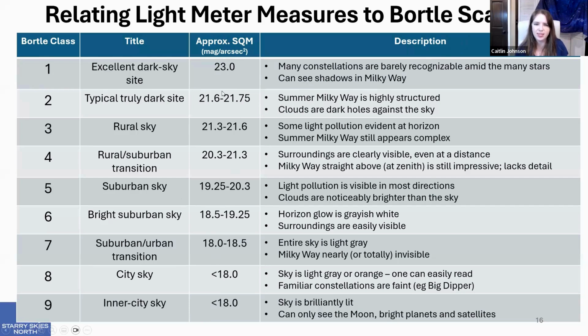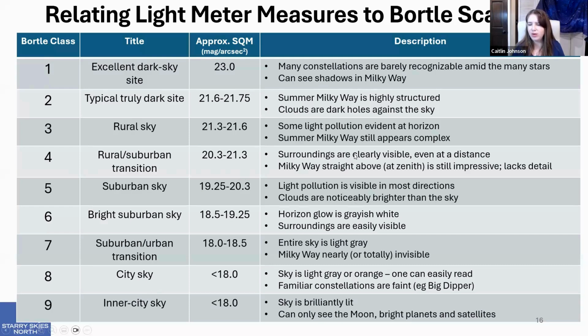So you have that device, and the number it gives you will be in this column here, and you can relate it to the Bortle class and then the title, so the category of the sky, whether it's a city sky, suburban, rural. And more importantly, I think when you're communicating this to people and to yourself, is understanding, what does that mean? What does a Bortle class 4 look like?